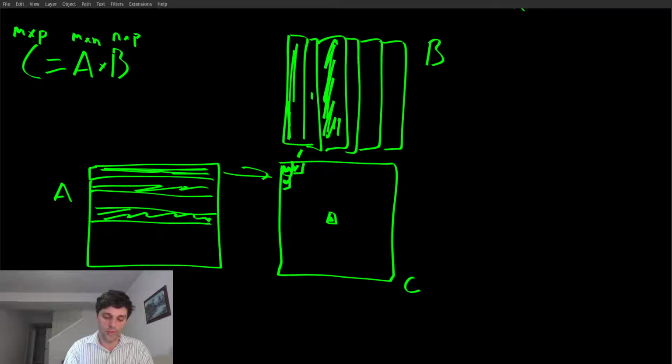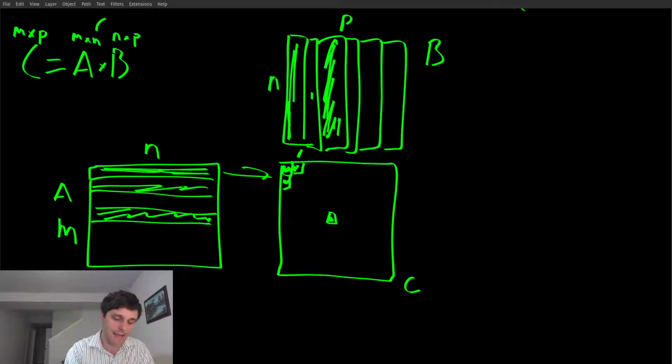So in our diagram, here's A, it's m by n, so m rows, n columns. Here's B, it's n rows, p columns. And now it makes sense the way this lines up.